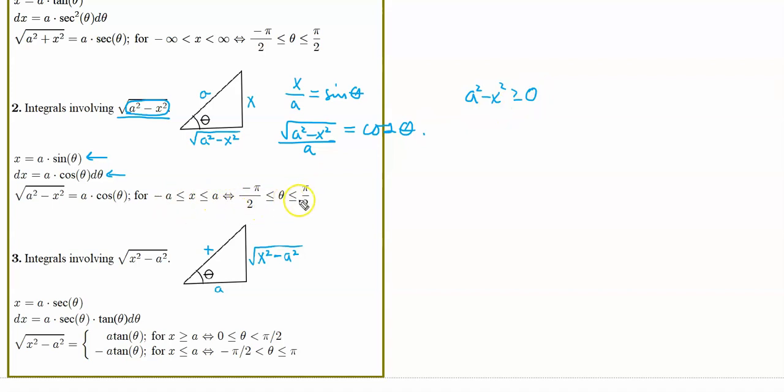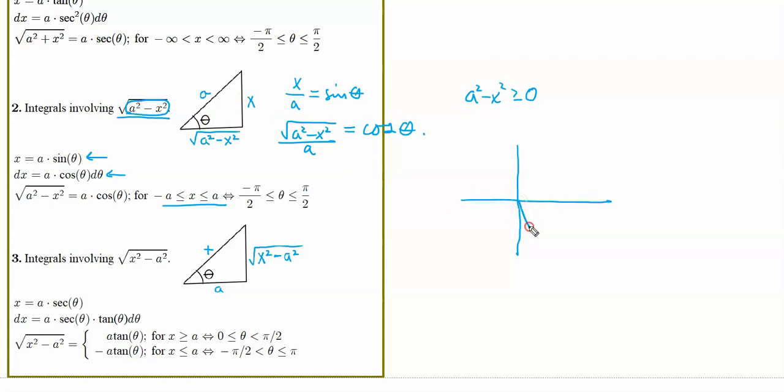In which case, theta is going to be between negative pi over 2 and positive pi over 2, right? You see, if x varies from negative a to positive a right here, then think of that triangle as varying.